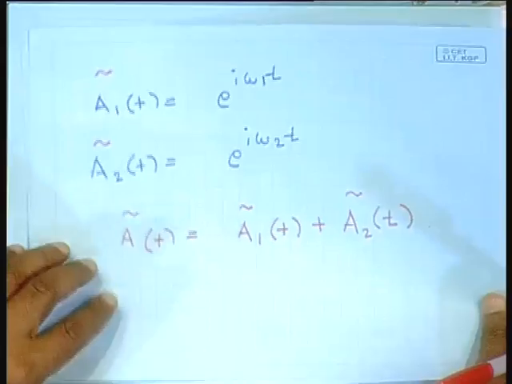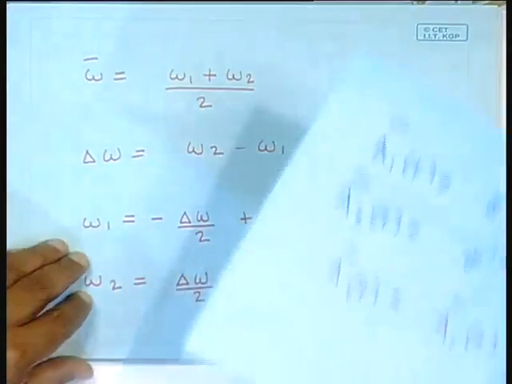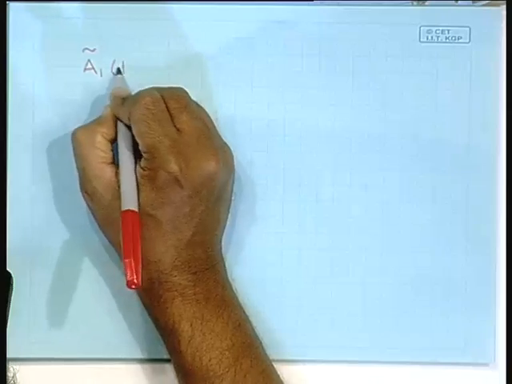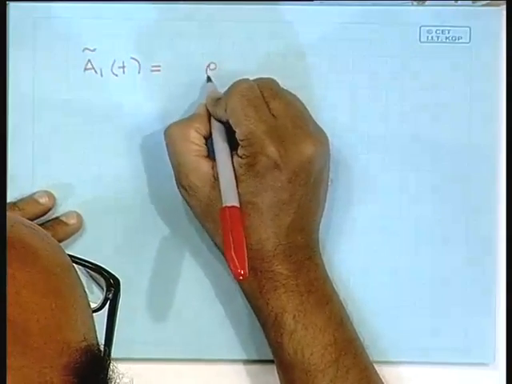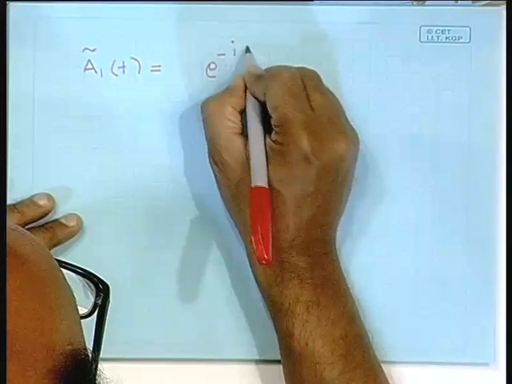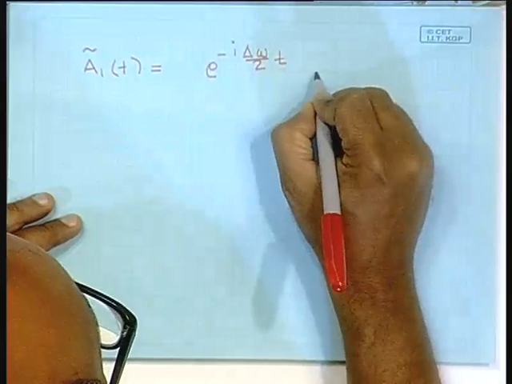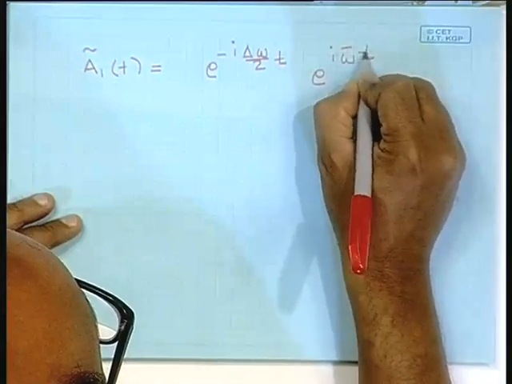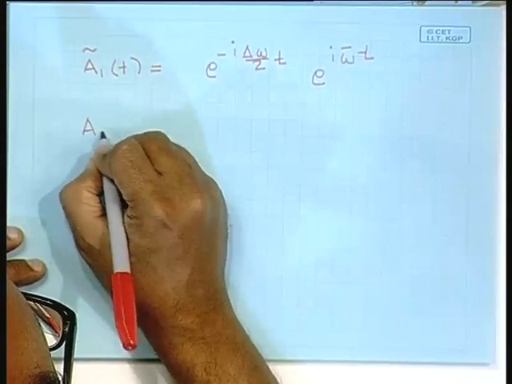The first wave written in terms of these variables becomes A 1. This is the first wave with frequency omega 1, this is the second wave with frequency omega 2.